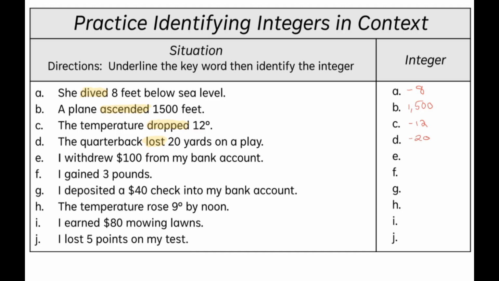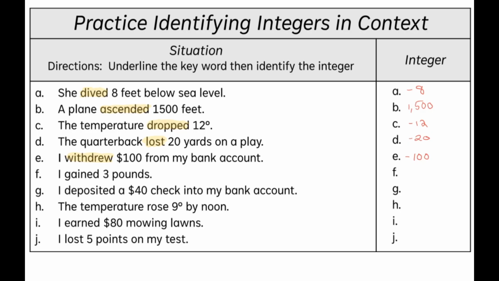All right, letter E. I withdrew $100 from my bank account. So that means on our bank statement, it will reflect a -100. Let's highlight that word withdrew. And that would be a -100.